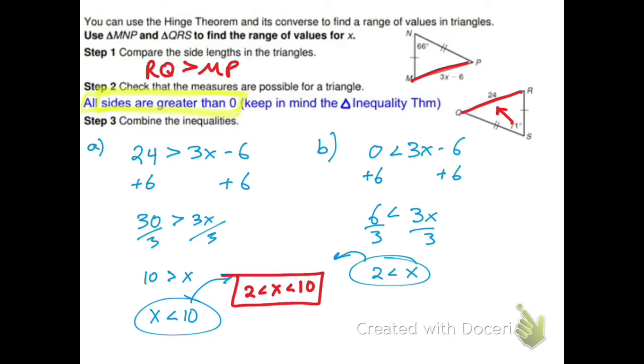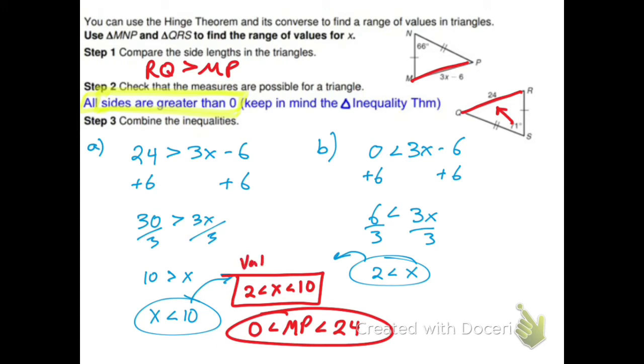And if I were to plug these in for the actual segment lengths, I would get that 0 is less than NP, which is less than 24. So this is my values of x, and this is the actual side length, what it could be, which makes sense.